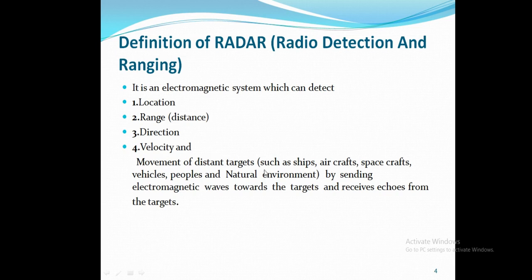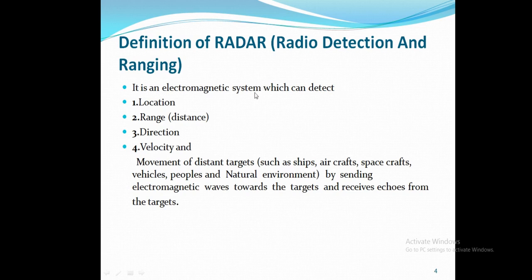movement of distant targets such as ship, aircraft, spacecraft, vehicles, people, and natural environment, by sending electromagnetic waves towards the targets and receiving the echoes from the targets. Okay. So this is one of the definitions of radar. Radar is radio detection and ranging.